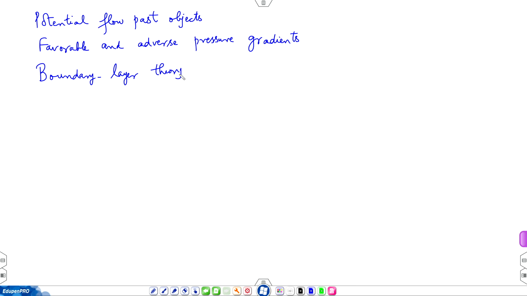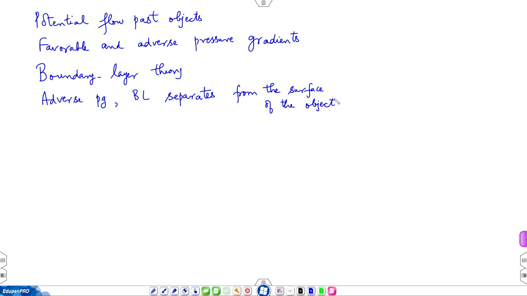So, we found the boundary layer to remain intact in regions of favorable pressure gradient, but for an adverse pressure gradient, the boundary layer separates from the surface of the object. Okay.